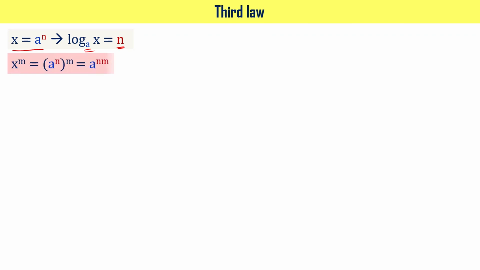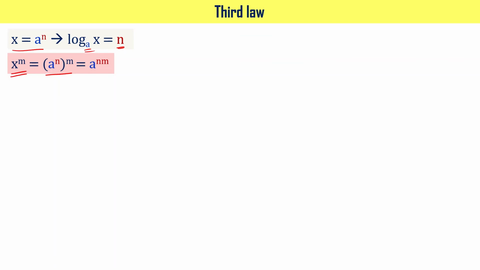Now let's learn about the third law of logarithms. x equal to a power n can be written as log of x to the base a equal to n, right? Let us write x power m as a power n whole power m, right?